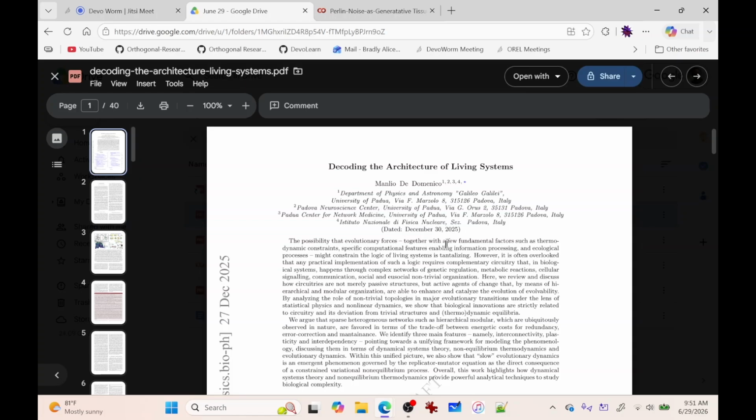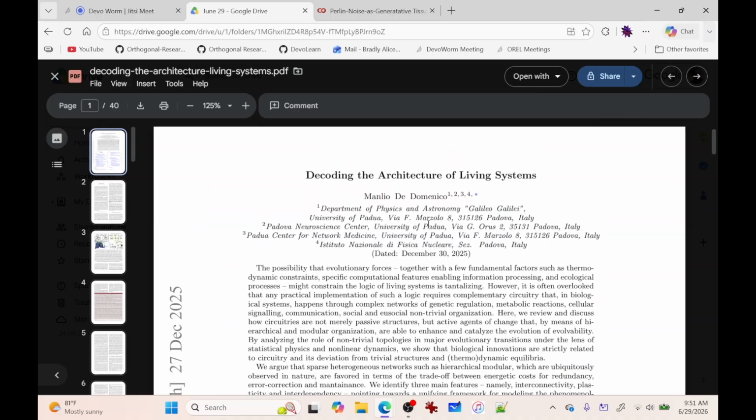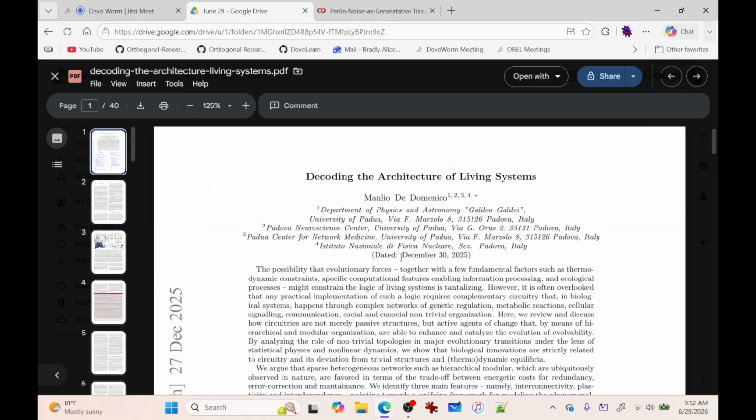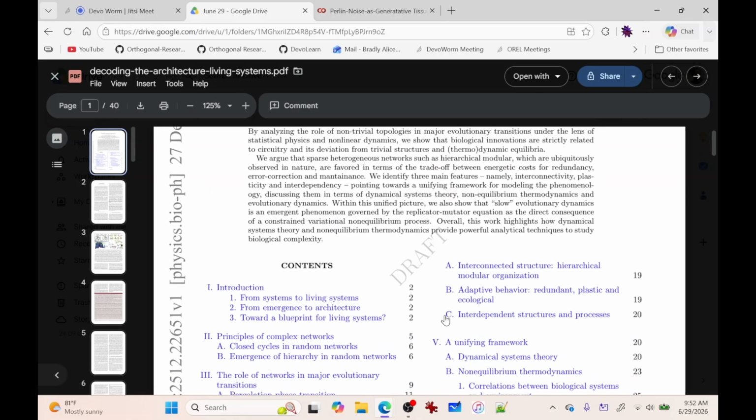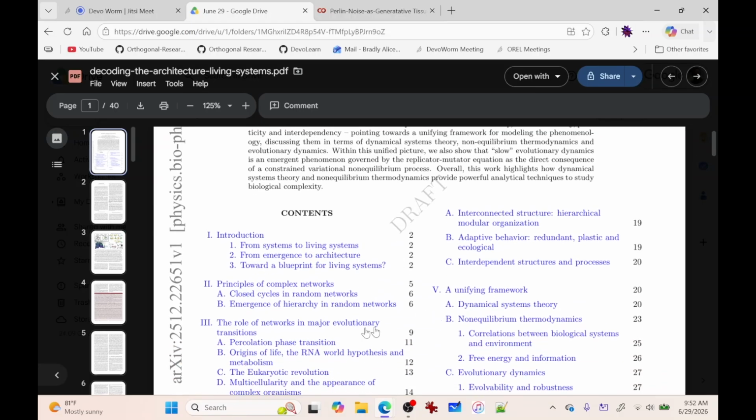So this is another paper that kind of gets into a similar area. This is called Decoding the Architecture of Living Systems. This is actually a long paper that goes into things like complex networks and dynamical systems theory and evolutionary dynamics.